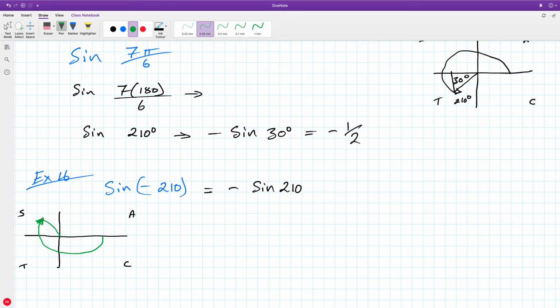Up to here, out to here, it's 30 degrees. Now, is sine positive or negative in that quadrant? Positive. So that is the sine of 30 degrees, which is a half. Negative angle, we must go the other way. Is that right?